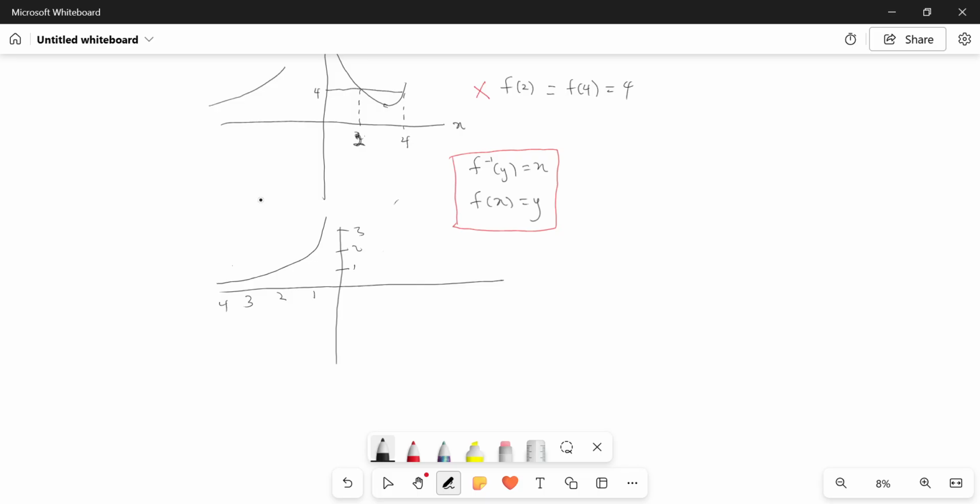Once we have a graph this way, we have a graph that looks like this, and we've been told that the function has an inverse. We can predict where the inverse function would be from these two equations that we have. Do we get it?